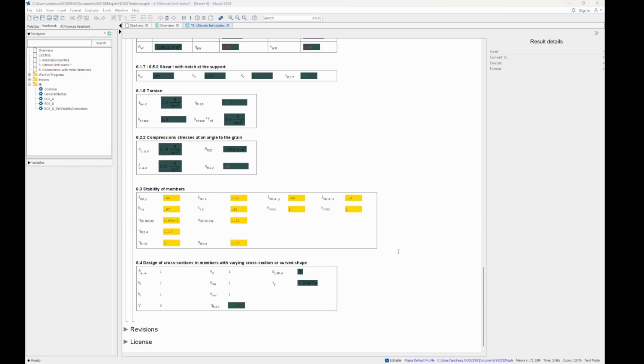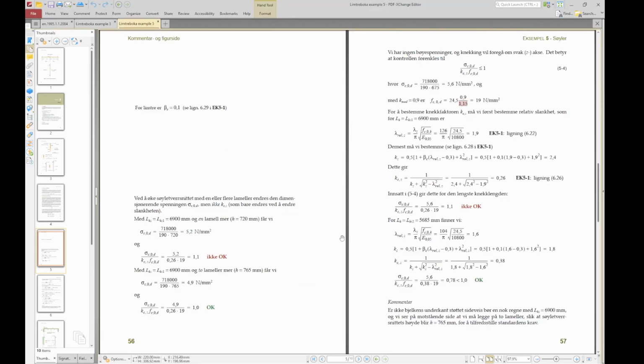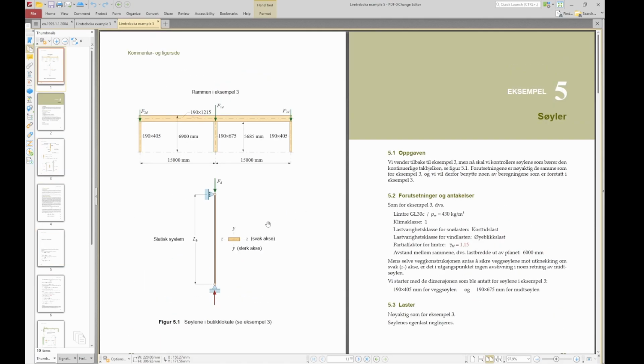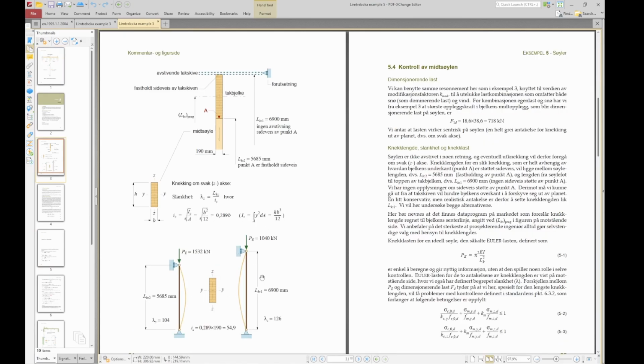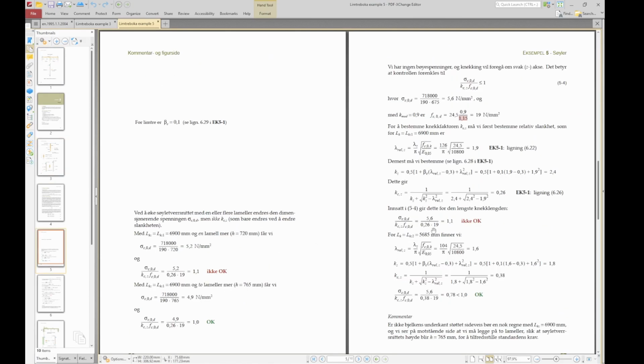So going back to the calculation example, we see that if we use the longest buckling length, 6,900 as we have put in, the calculation also shows a utilization factor of 1.1.